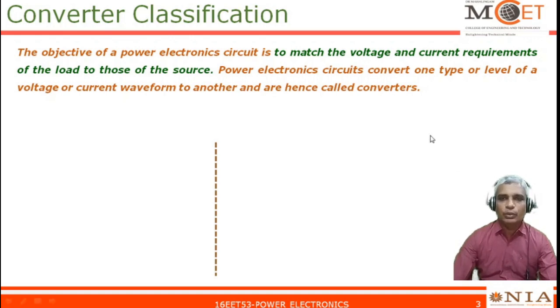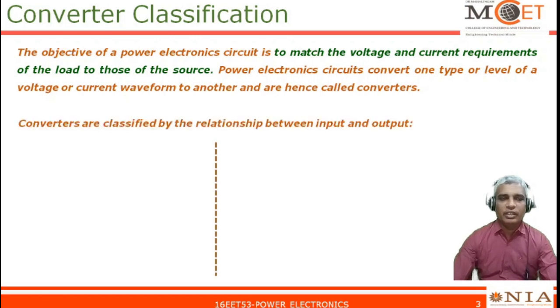So power electronic circuits convert one type or level of a voltage or current waveform to another, and hence they are called converters. So converters are nothing but power electronic circuits which are capable of converting one type or level to another type.